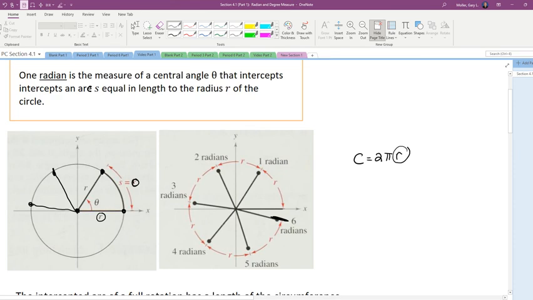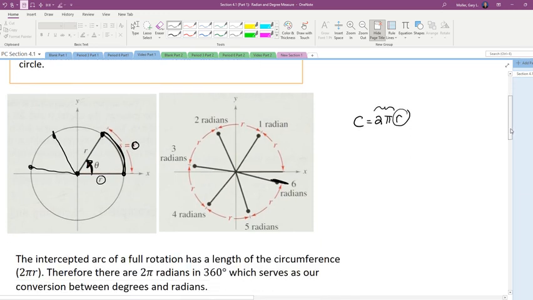And the answer is 2 pi of them. Circumference is 2 pi times the radius. So how many radians are in a circle? The answer is 2 pi. Because again, a radian is just defined to be this angle, and however many of these radiuses fit around a circumference is the same number of angles that would fit around a circle.